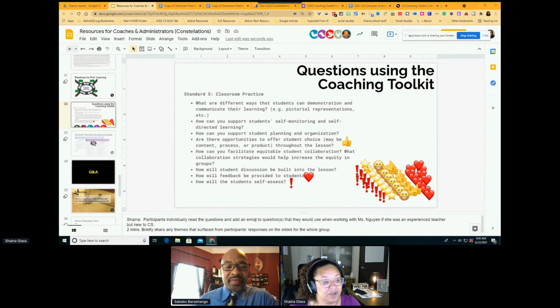Or if you are looking for any feedback on using these teacher standards or using the look for tool when you walk into a classroom. Teachers, this is definitely a reflection tool. We would like for this to be used for you to reflect on your own teaching practices.